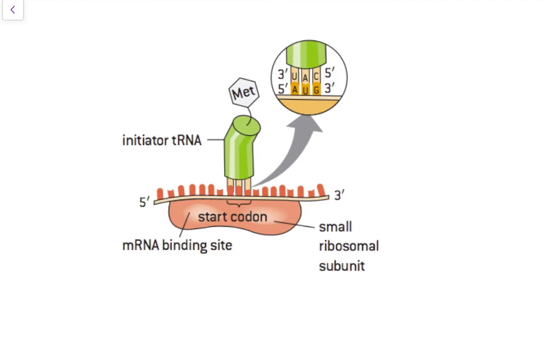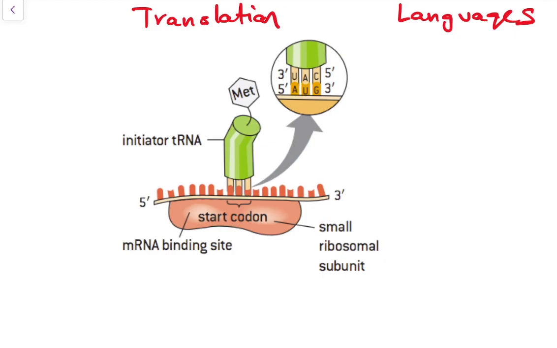Here's step one. In step one of translation, the whole process is translation. And it's called translation because we're going from different languages. This is worth stopping to think about. In mRNA, we have a language. If we zoomed in on the mRNA, we can see there's AUG written there, adenine, uracil, and guanine.